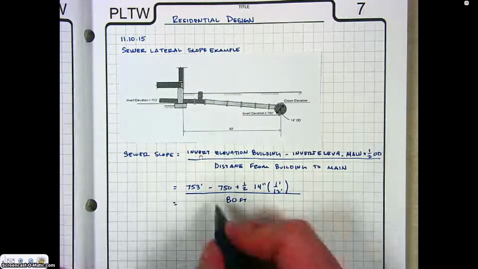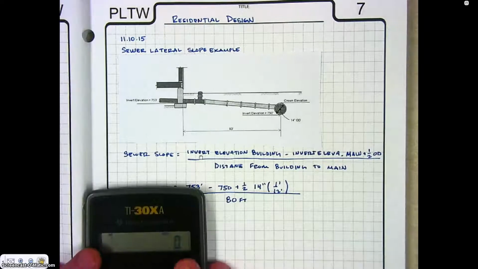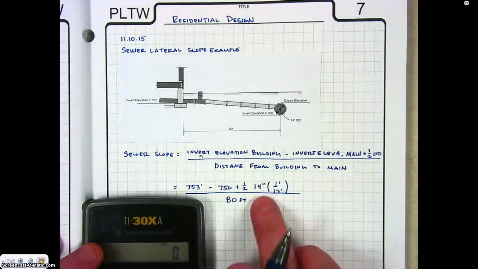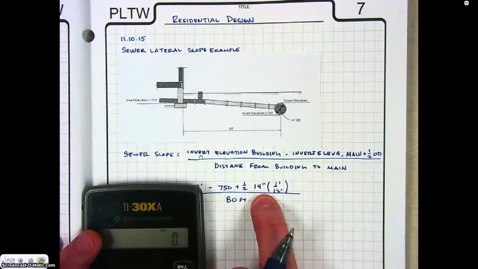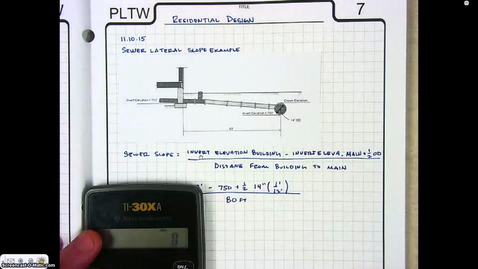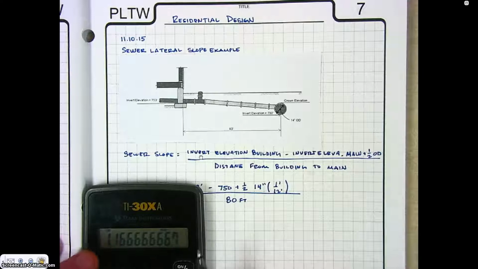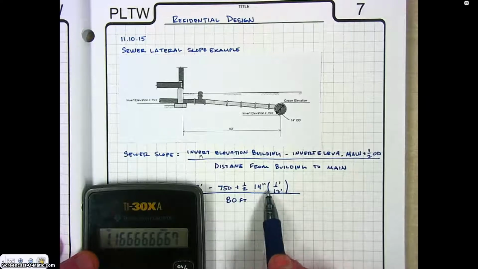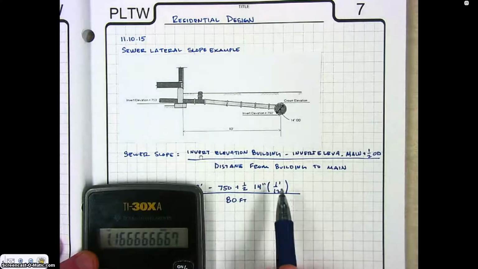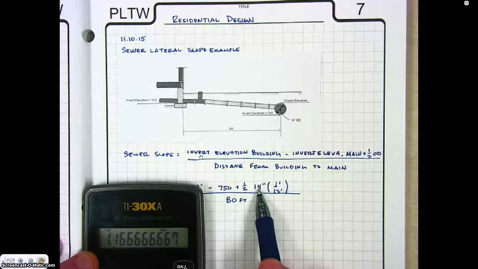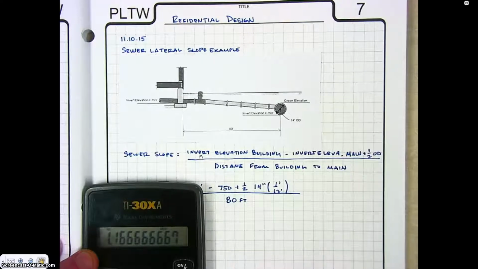All right, so now we calculate. 14 inches, convert that to feet, so 14 divided by 12. I'll multiply that times 1/2, or divide that by 2.